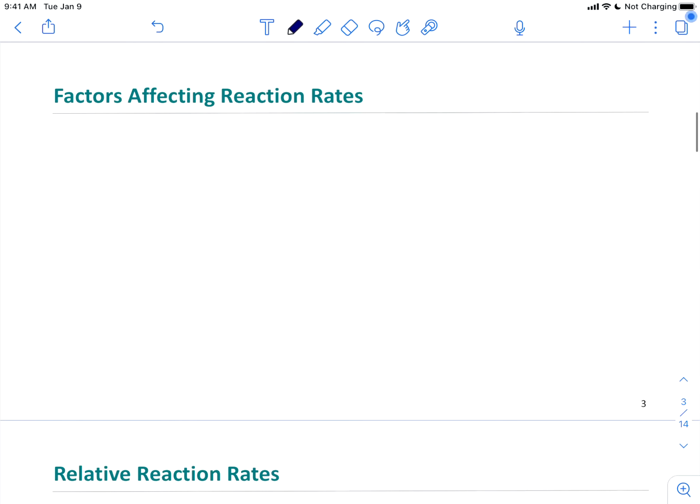When you think about factors affecting rates, well, you should obviously know some of these. Certainly temperature should jump into mind for you, is what affects the rate of a reaction. Temperature affects everything, and it's always on everybody's list when you're talking about that. The state of the reactants.